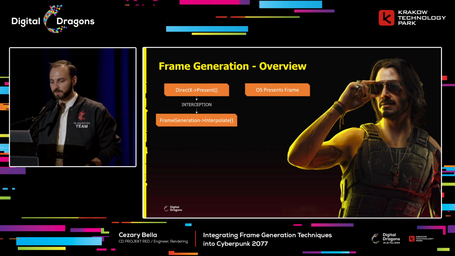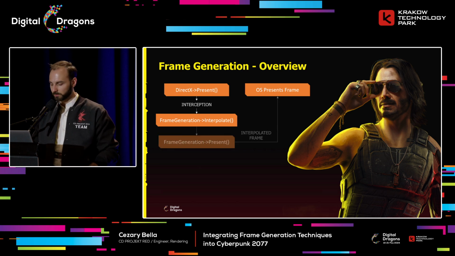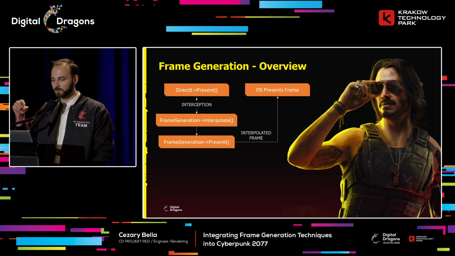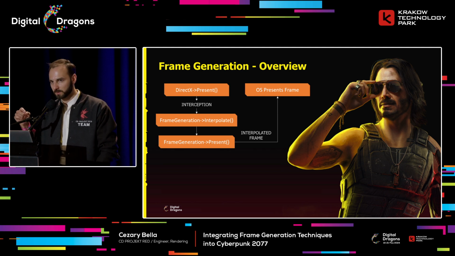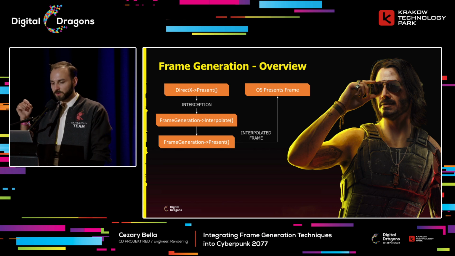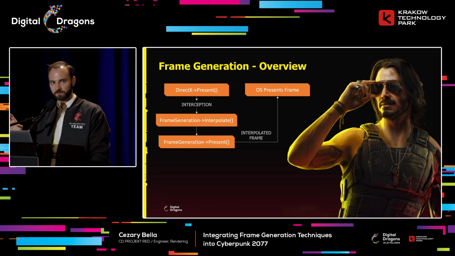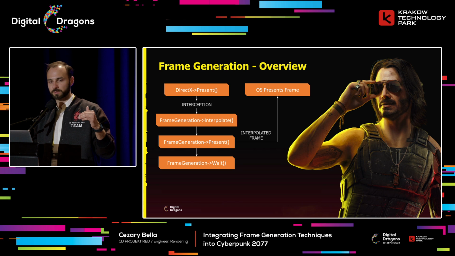So of course the first thing would be the interpolation of the frames that we need to present. Of course, then there's a present, but when the game calls a present method, the frame generation actually provides and presents the interpolated frame, right? So that's the first step. And then it saves the current frame for later usage.